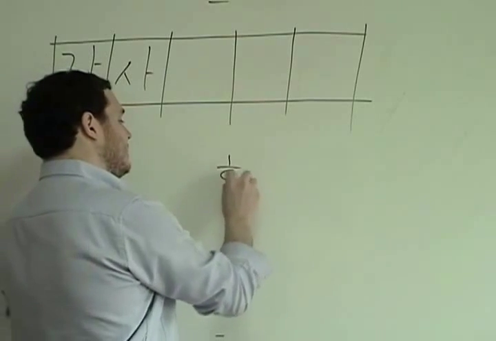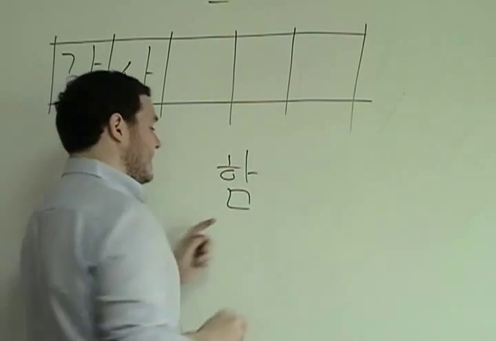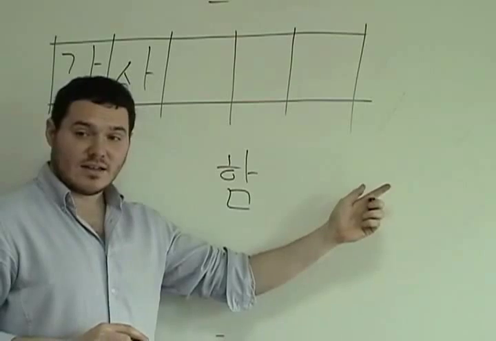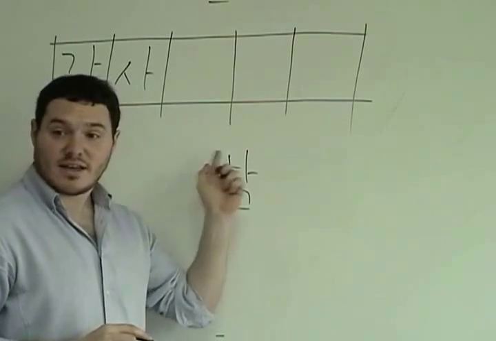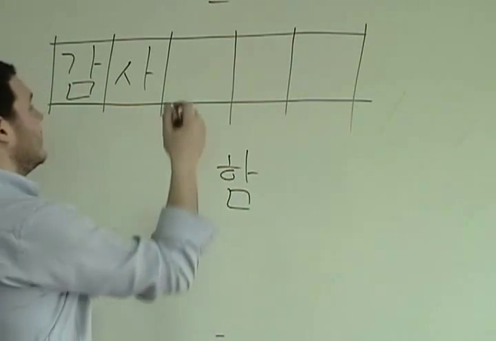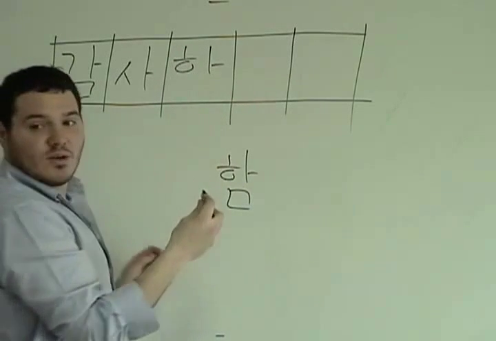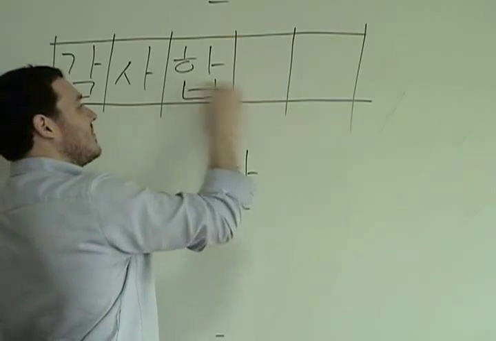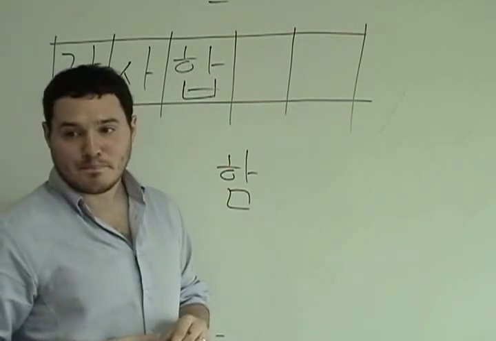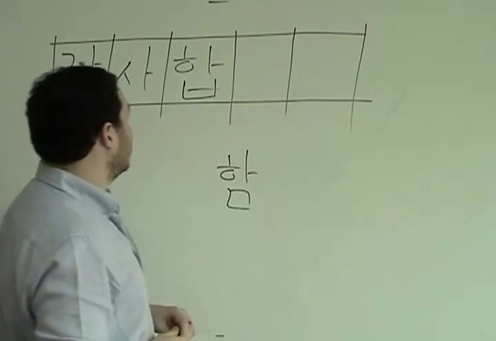Give me some ham. It sounds like this, hamnida. But it's not actually that, and I'll get into that in a second. That's the reading rule. But this part is right. It's actually with a B in the bottom. Ha.